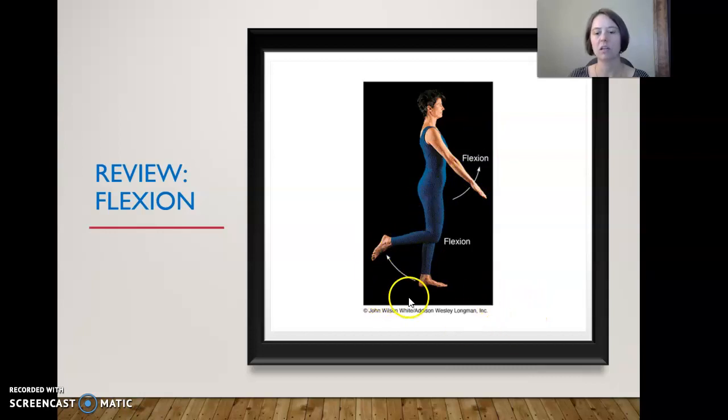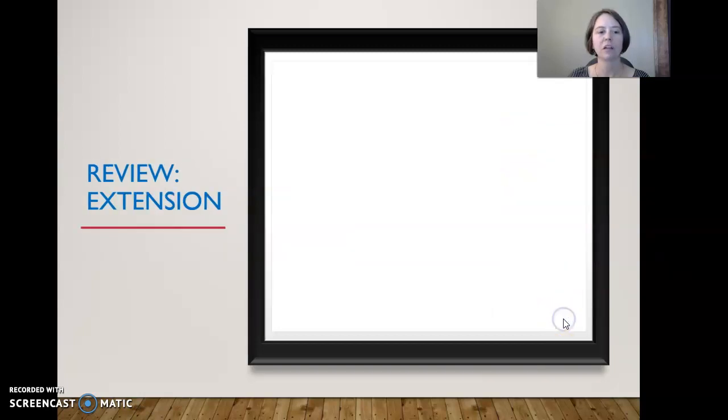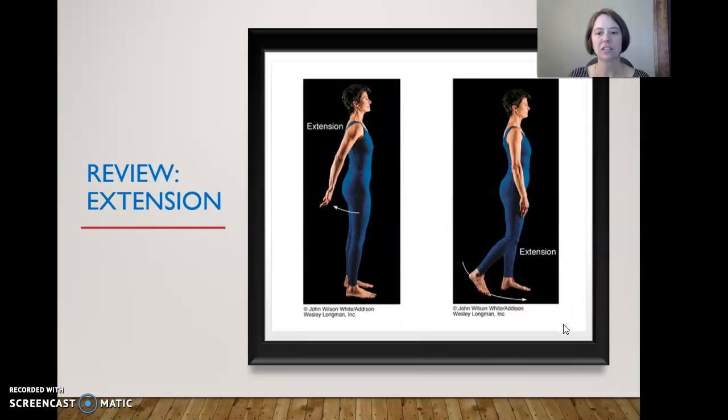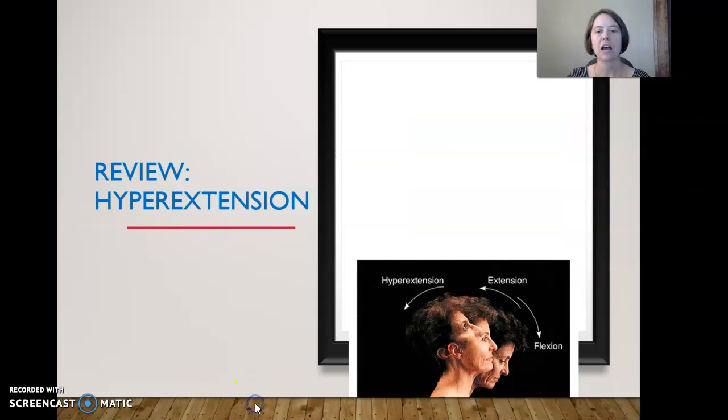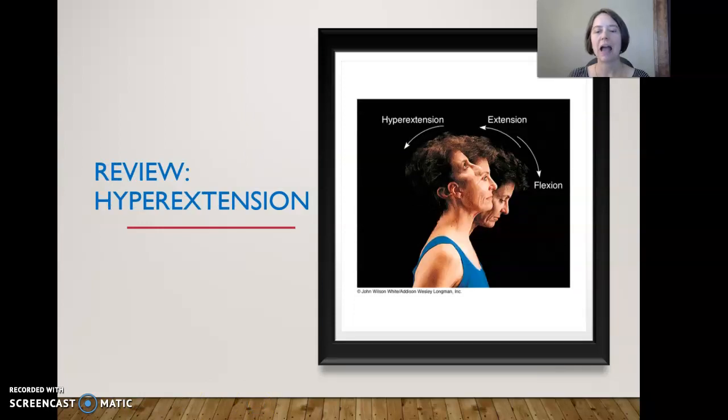Sometimes that's confusing, but if you think about decreasing the angle from 180 to 90, that may help. Extension then is increasing the angle. So if it was up here at 90, bringing it to 180, and then even bringing it back. And then hyperextension is bringing it past anatomical position. So we have flexion, extension, and then hyperextension.